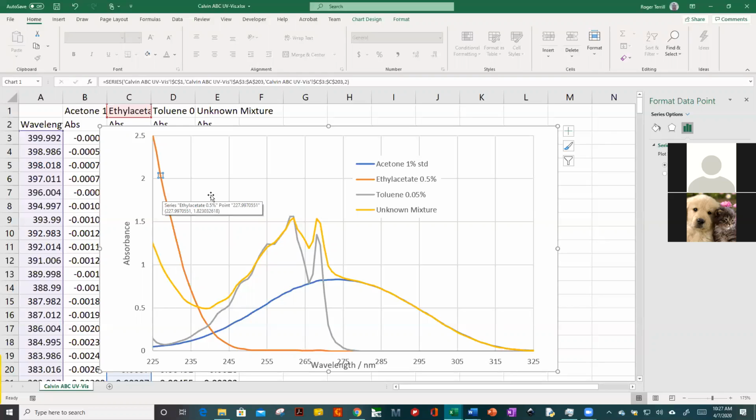Tyler? So if we took, for example, a wavelength of 230 nanometers, say the absorbance of the standard at 230 is 1.5.